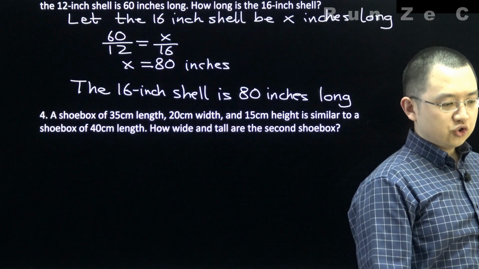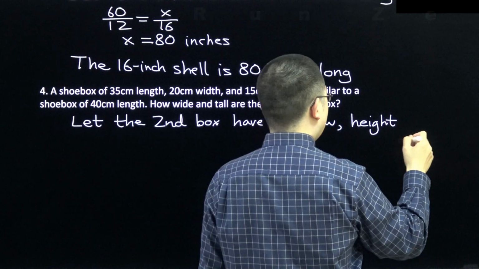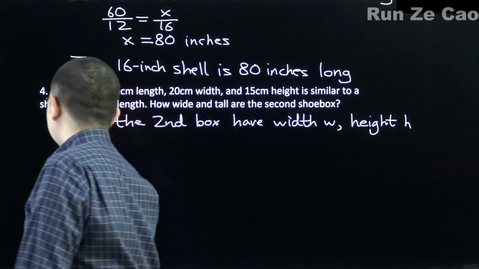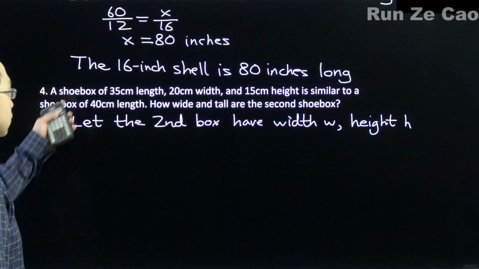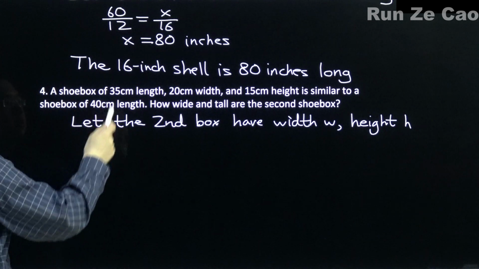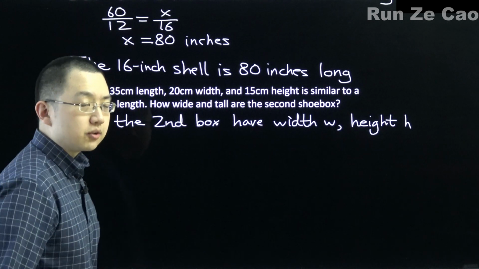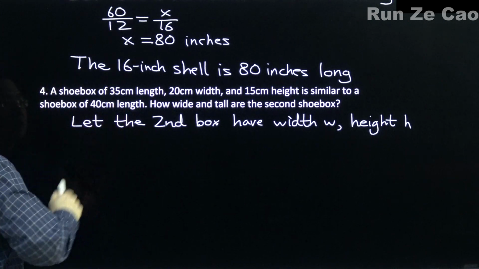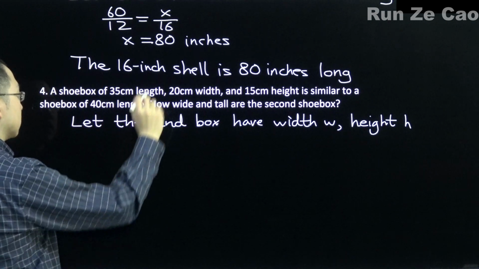Now let's say we got a shoebox. The second shoebox has width W and height H. And the first shoebox has 35 centimeters length, 20 centimeters width, and 15 centimeters height. And it's similar to the 40 centimeter long shoebox.